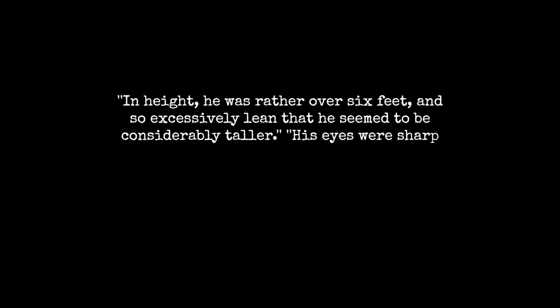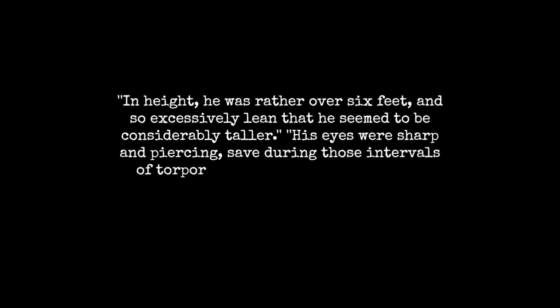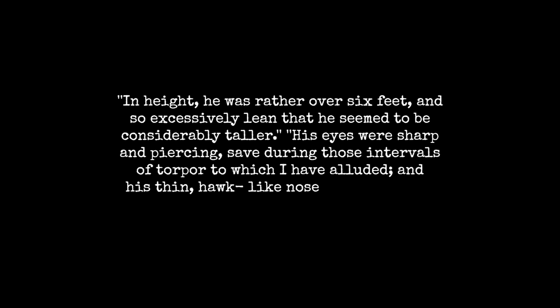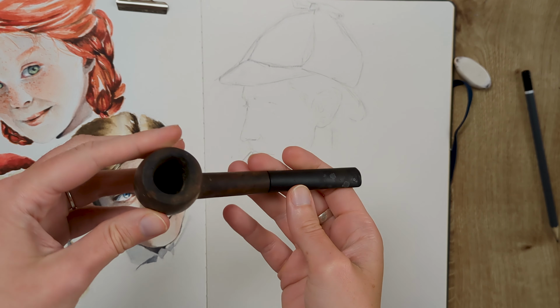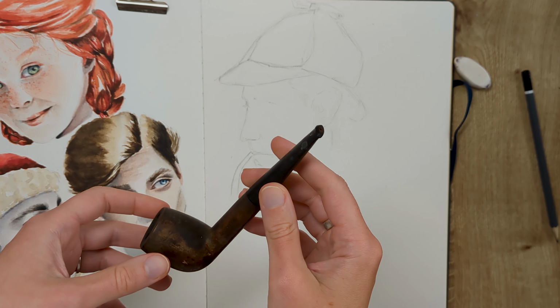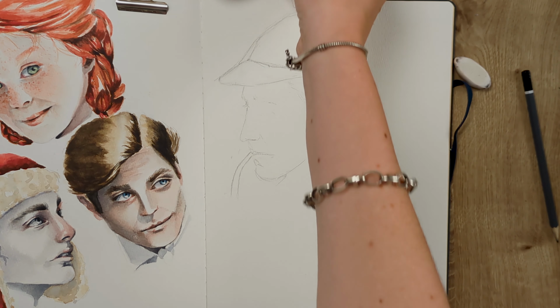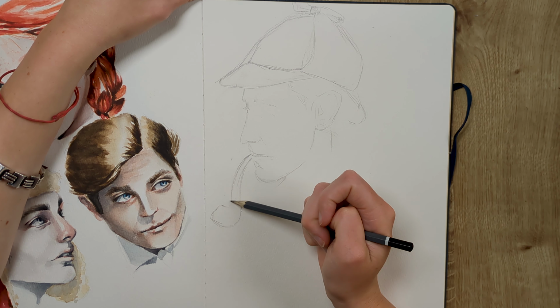His eyes were sharp and piercing, save during those intervals of torpor to which I have alluded, and his thin, hawk-like nose gave his whole expression an air of alertness and decision. But there was something in that steady grey eye. Every physical description of this character actually leads to his personality.